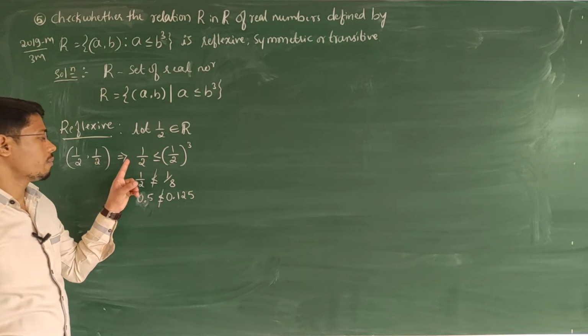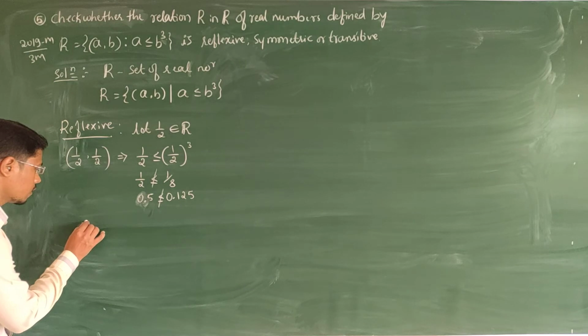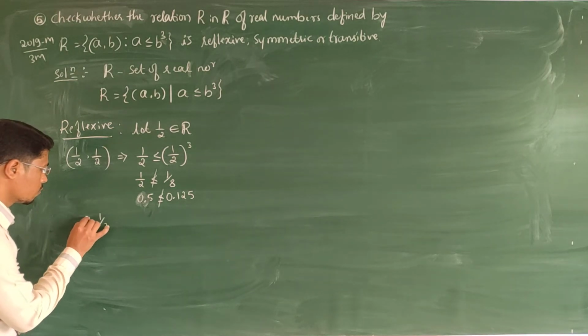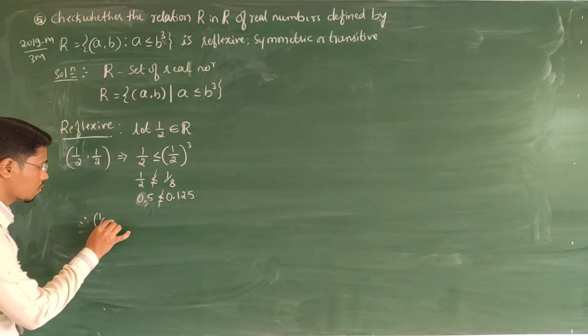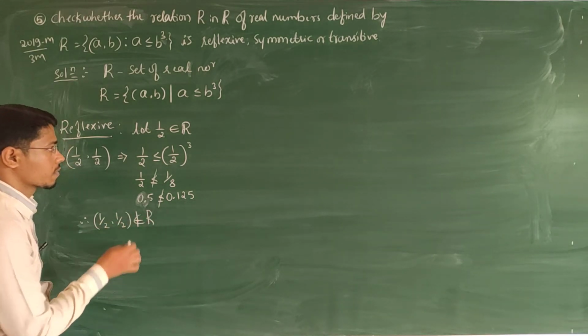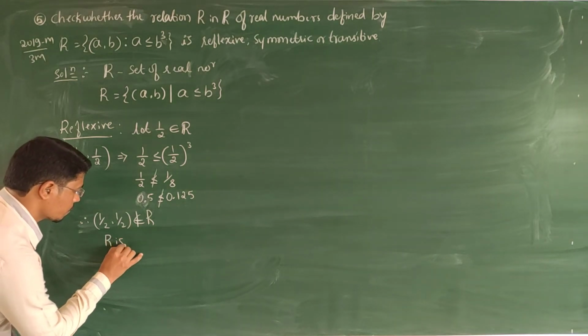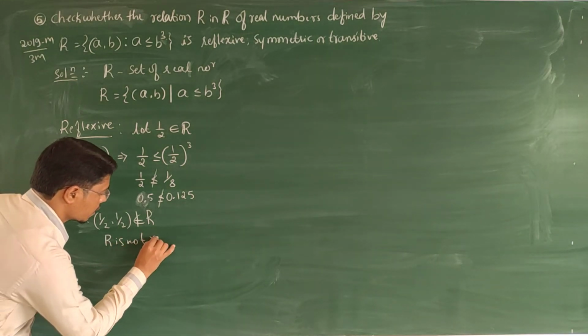Therefore 1 by 2 is not less than or equal to 1 by 8. So what can we say? Therefore the pair 1 by 2 comma 1 by 2 doesn't belong to R, and R is not reflexive.